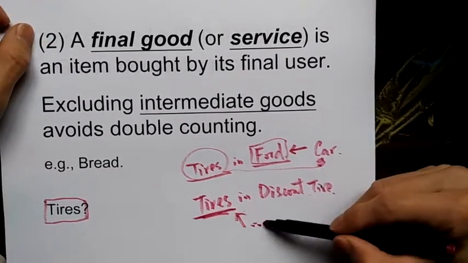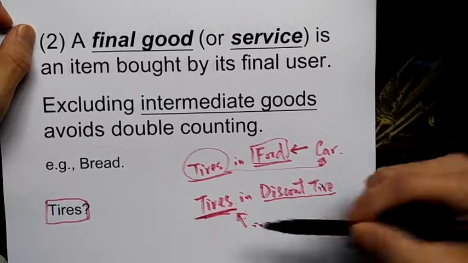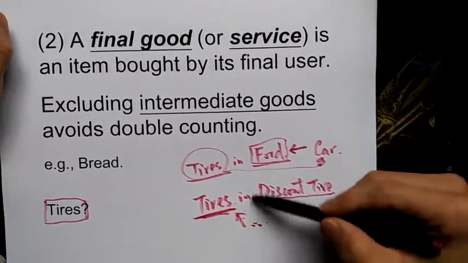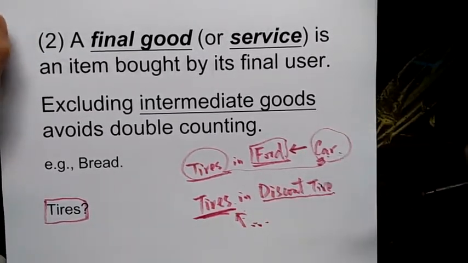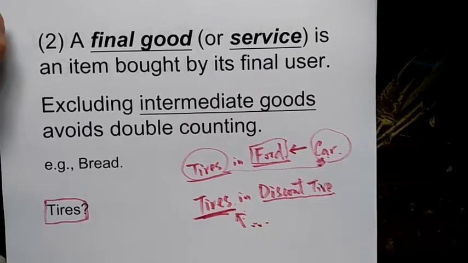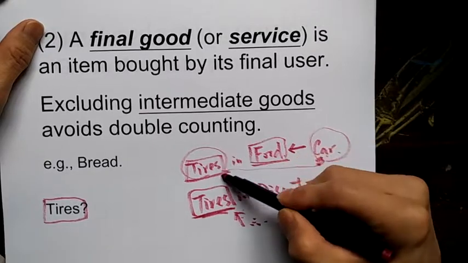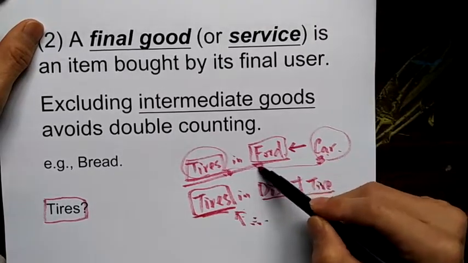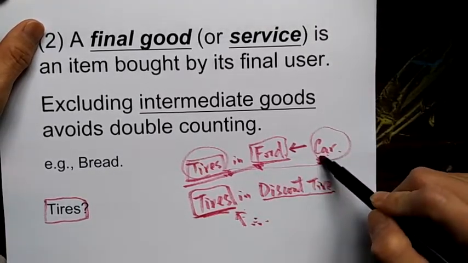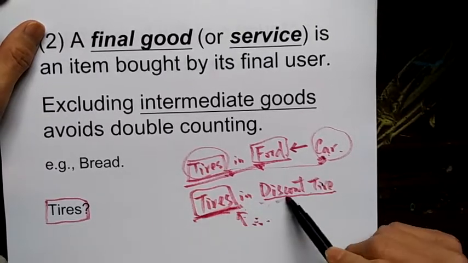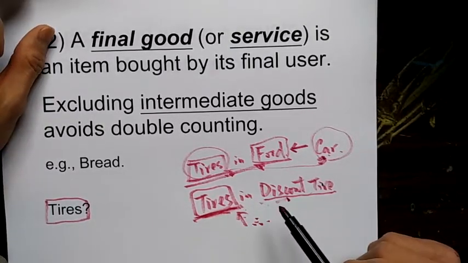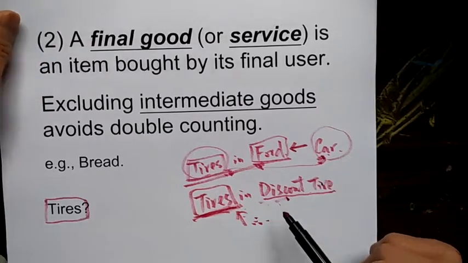They are final goods at Discount Tire because they are not intermediate goods of newly produced cars. Therefore, exactly the same tires, those tires at Ford are intermediate goods, but those tires at Discount Tire are final goods.